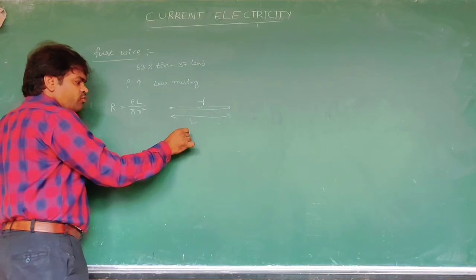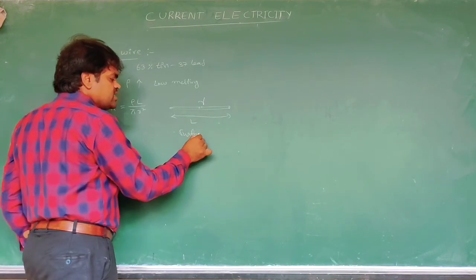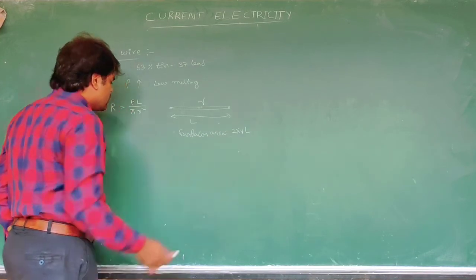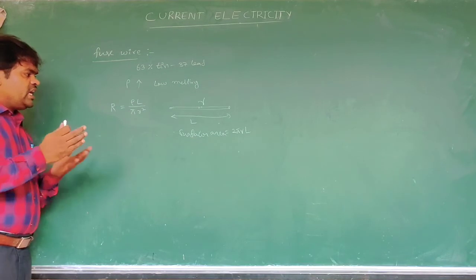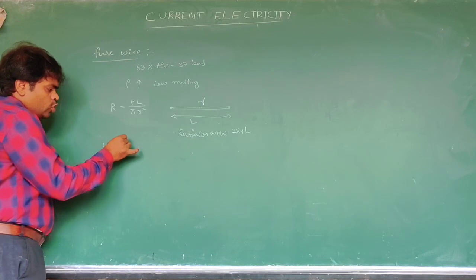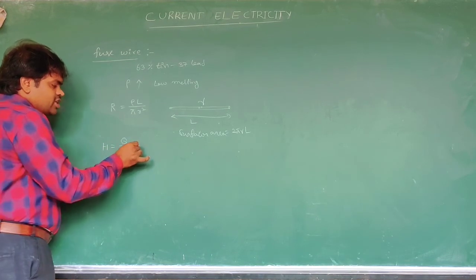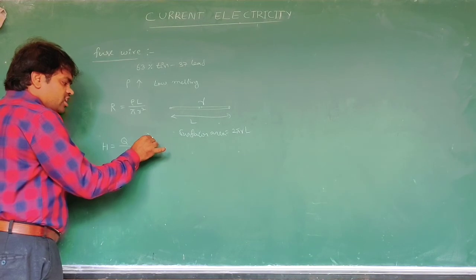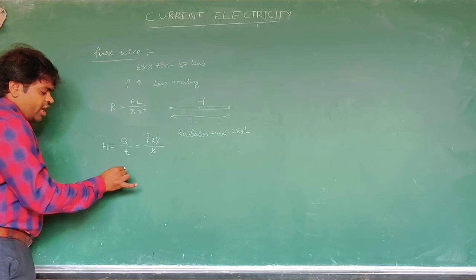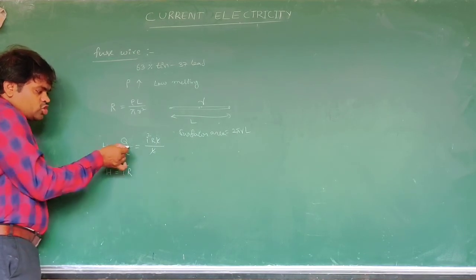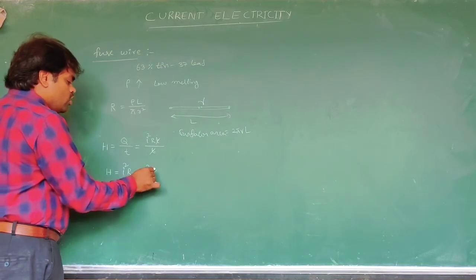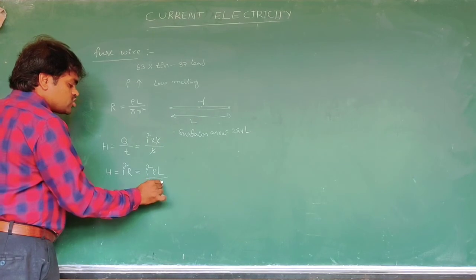Then the surface area of the fuse wire is 2 pi r L. Now the heat produced per unit time is H is equal to Q by T, that is Q means I square R T, T cancels, then H is equal to I square R. That is the heat produced per unit time. We write I square into the R value, rho L by pi r square.